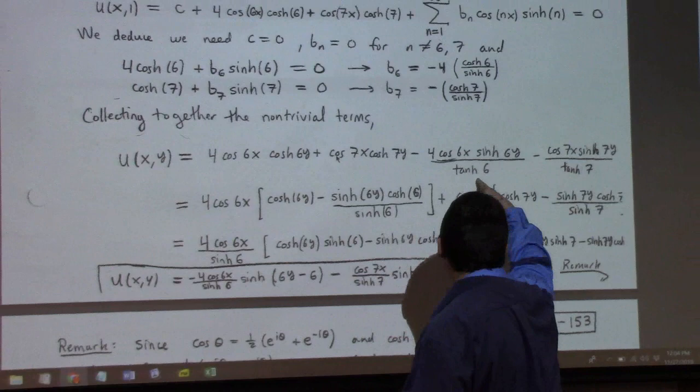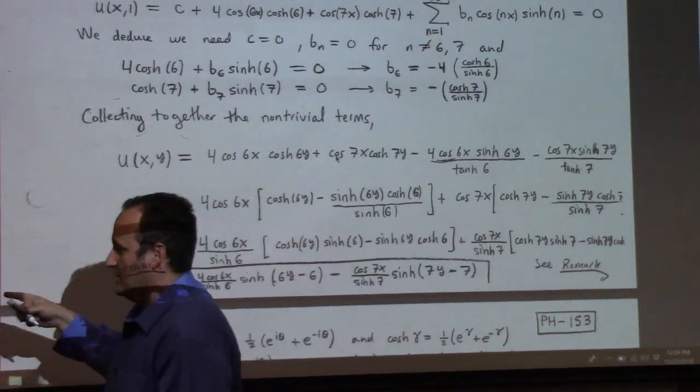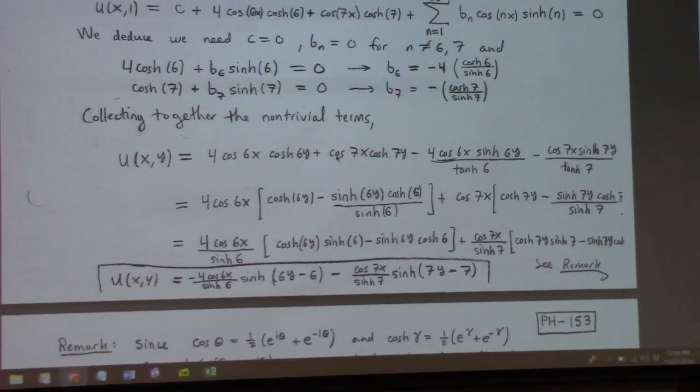And then these two are just a kind of funny way of writing these guys, right? So what did I do? Cosh of 6 over sinh of 6 is what? It's 1 over sinh over cosh, right? Which is 1 over the tanh. So that's where that's coming from. Yeah?